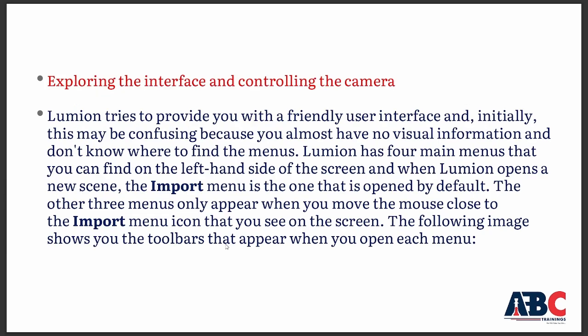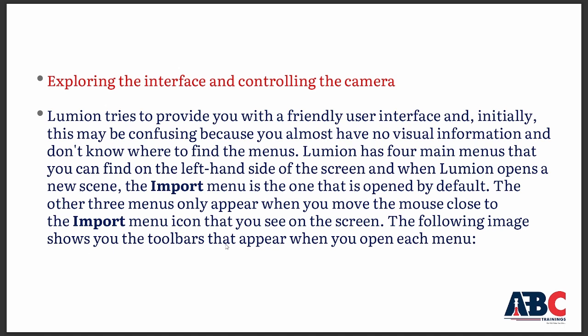Here is the interface for exploring the interface and controlling the camera. Lumion tries to provide you a very user-friendly interface, and initially this may be confusing because you almost have no visual information and you don't know where to find menus.